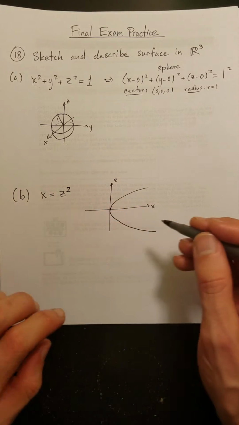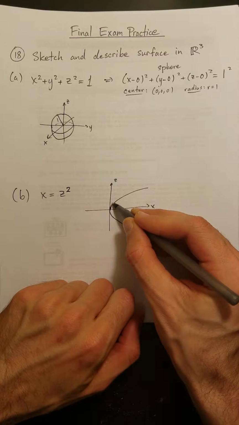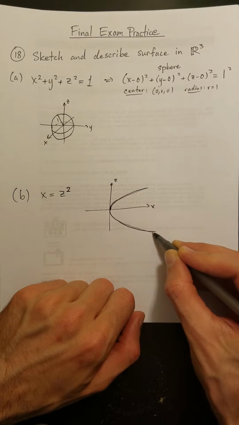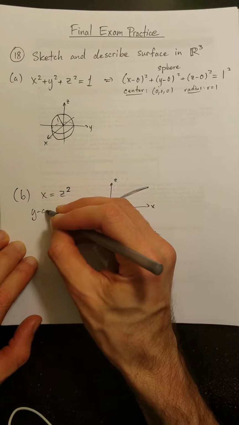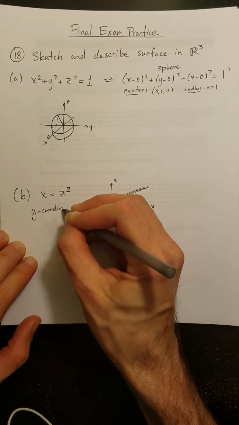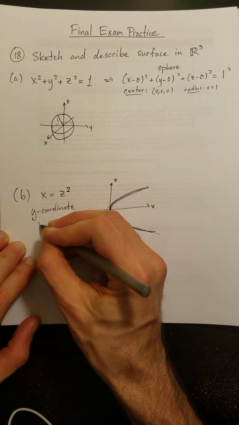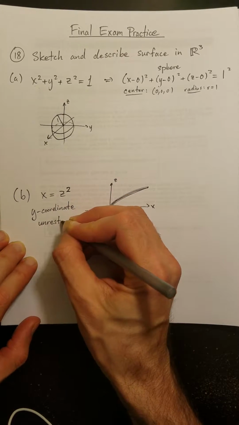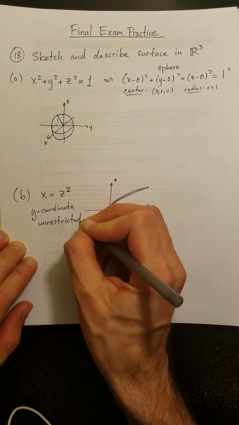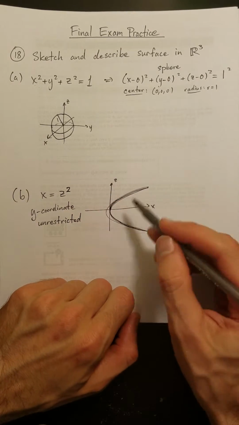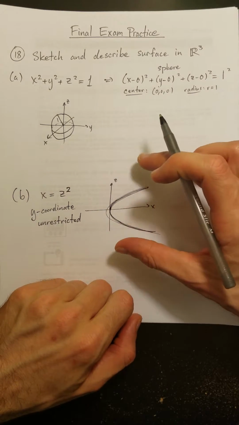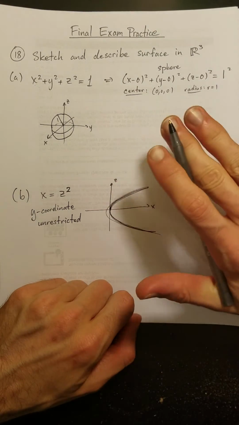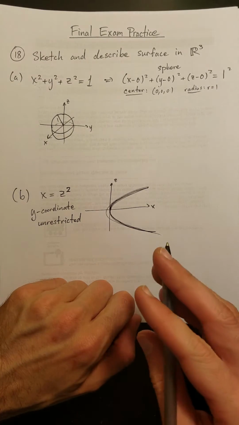So this is essentially just a parabola in this plane, but y is unrestricted here, so the y coordinate is unrestricted. What that means is that when we draw our three-dimensional coordinate system, I've just drawn a slice of that three-dimensional space. This is a two-dimensional slice at y equals 0.